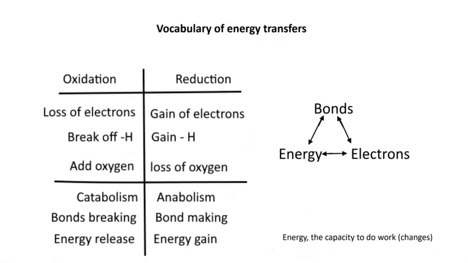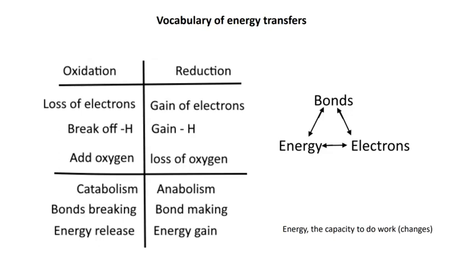As we go through the stages of respiration, the vocabulary that we keep in mind is the idea of oxidation and reduction, which can be characterized within biological reactions in the following ways. If we see a loss of electrons, hydrogens being broken off a molecule, or oxygen added, these are all forms of oxidation, and these can be thought of as the release of free energy, classically associated with catabolism and with bonds being broken.